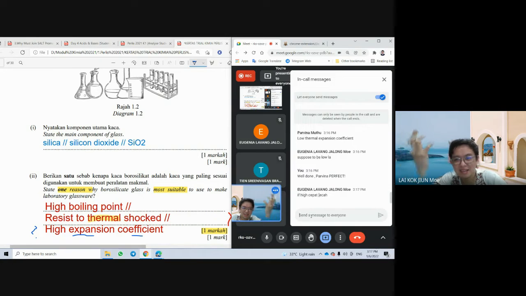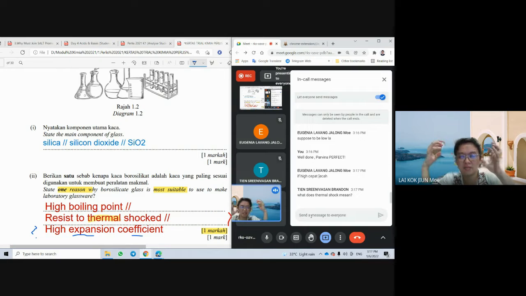You see? Very good. You know the concept, you can answer well. Thermal shock means it is able to resist sudden temperature change. Even though cold or hot also can. All these concepts must know.